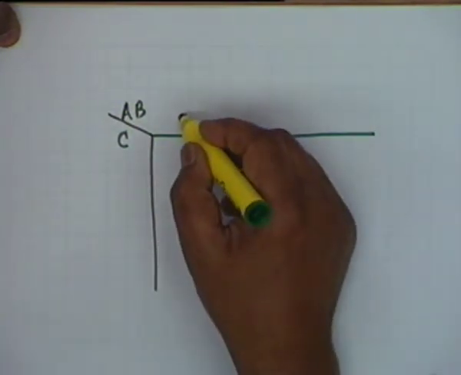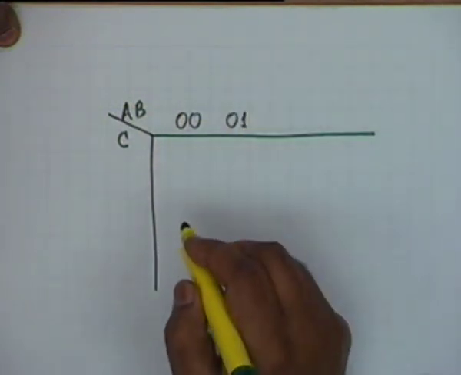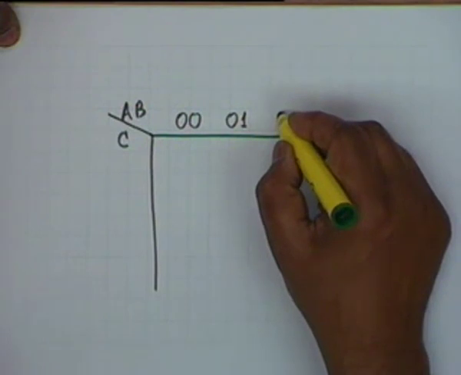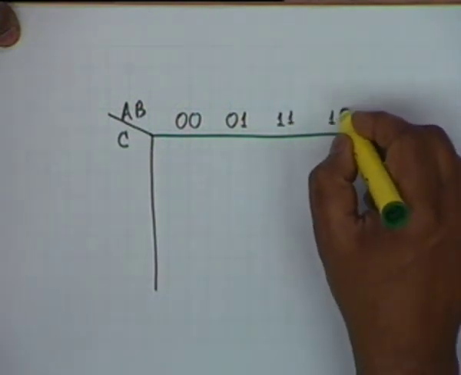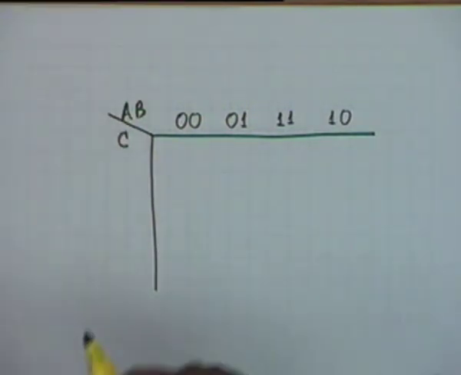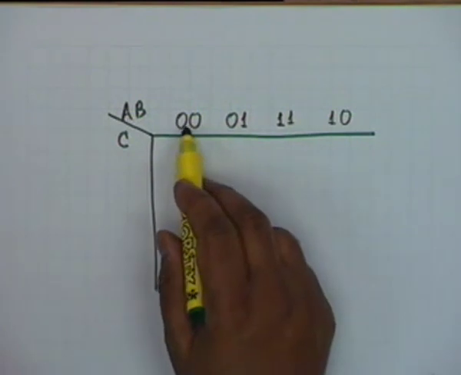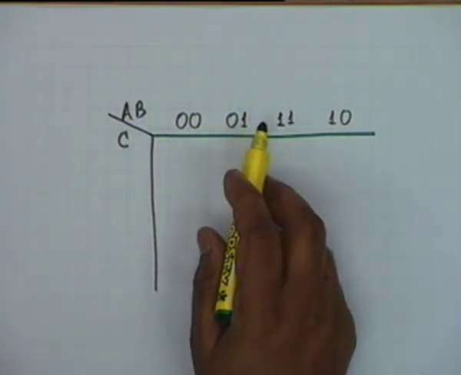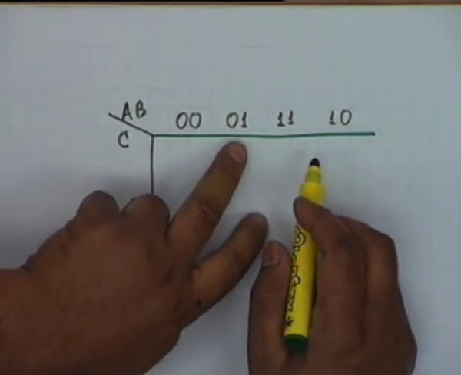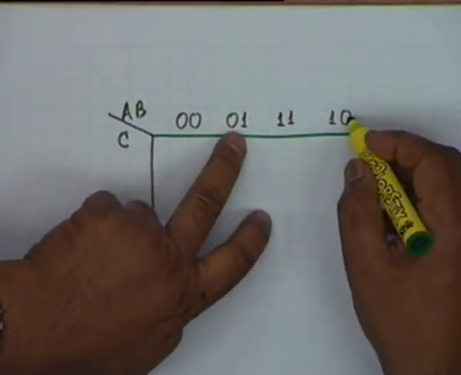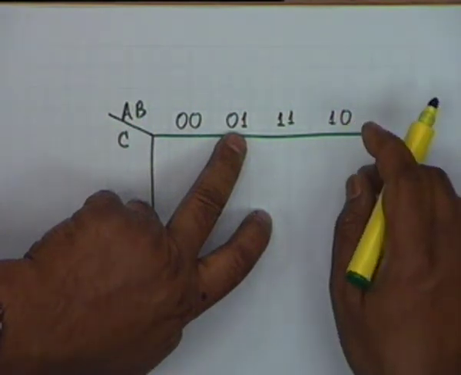What are the possible combinations? 0, 0, 0, 1, 1, 1, 1, 0. There is a specific reason why we write this. Carnot map must be written with two adjacent numbers differing in only one bit, not more than one. You see, we did not write 0, 1, 1, 0 after 0, 1, because that would have meant change in both the bits.